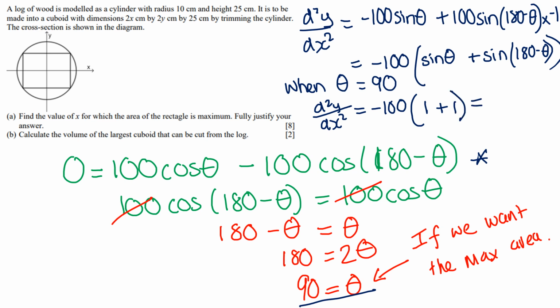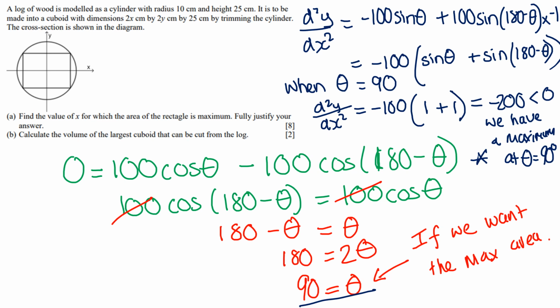So this works out at minus 200. Because it's less than 0, we have a maximum, not a minimum. So we have a maximum at theta equaling 90 degrees.